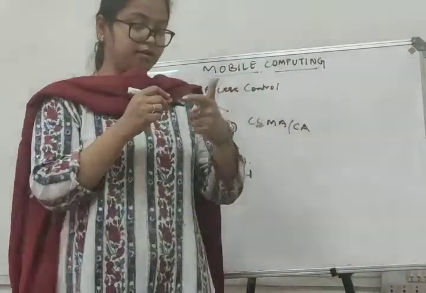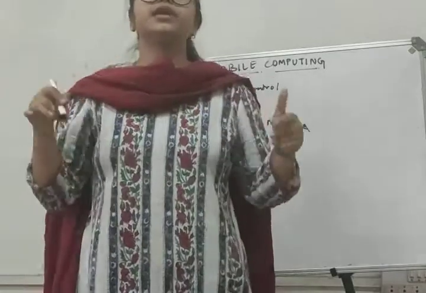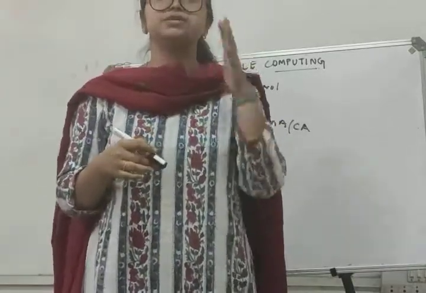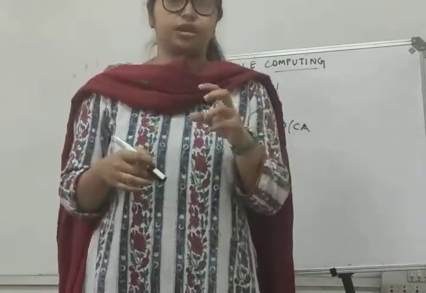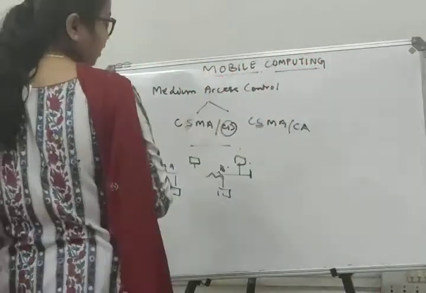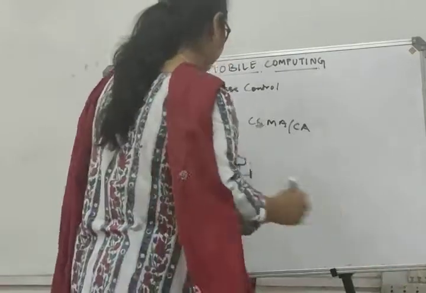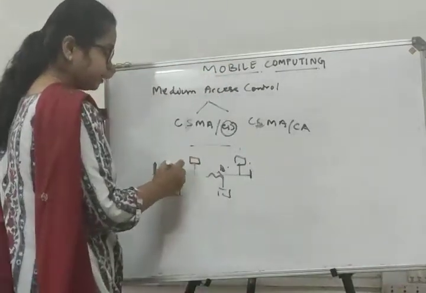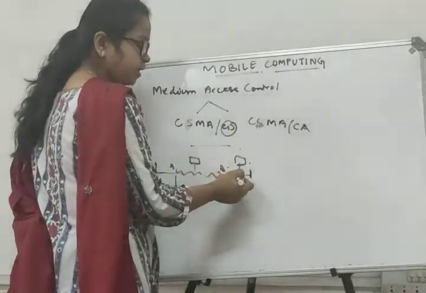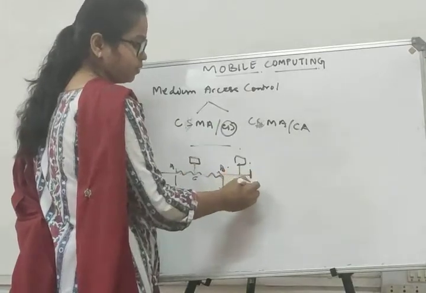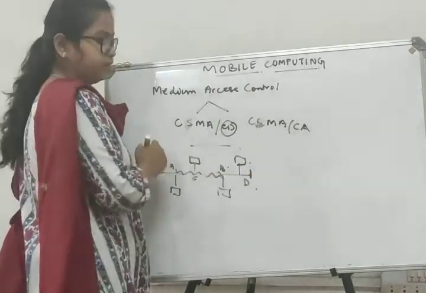But if the medium is heavily connected with nodes, suppose the medium has 100 stations connected to it, what may happen is while A is sending data, D may want to send data to B as well.